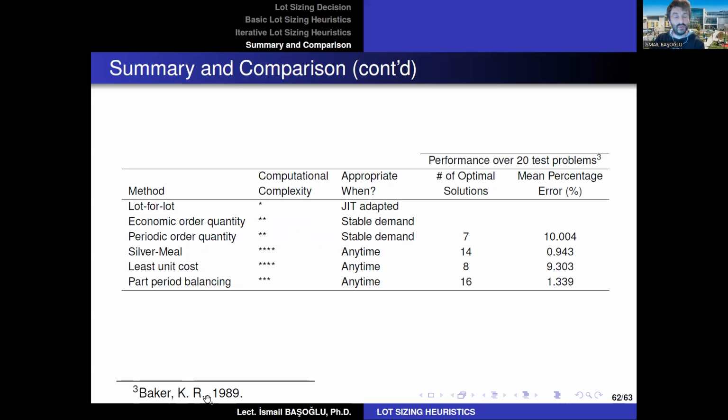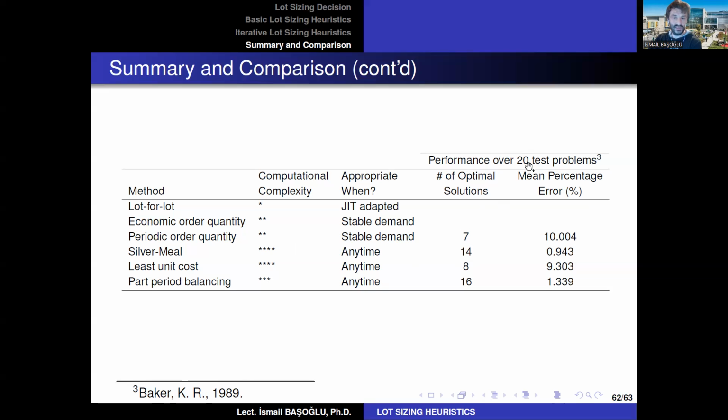Now, in this paper, Baker developed 20 different instances, 20 different test problems in his study. I do not know if I am mentioning a he or a she. So Baker developed 20 test problems, and among these 20 test problems, the number of optimal solutions that the periodic order quantity heuristic achieved was 7.